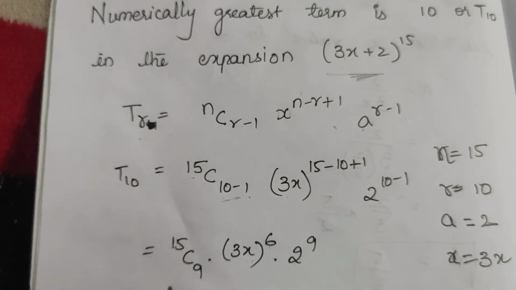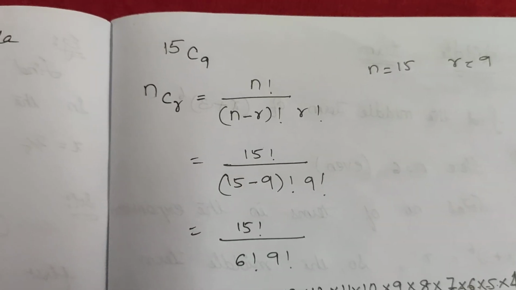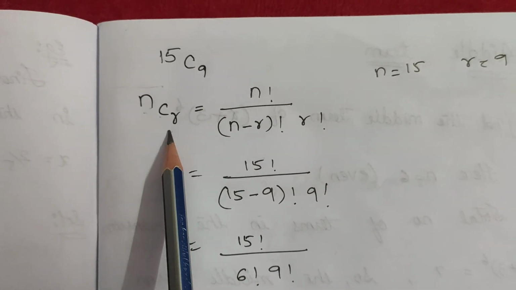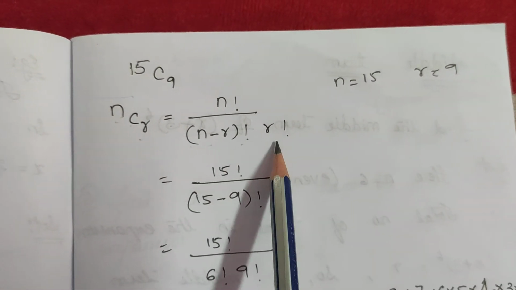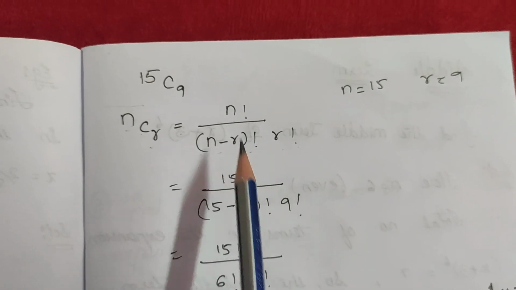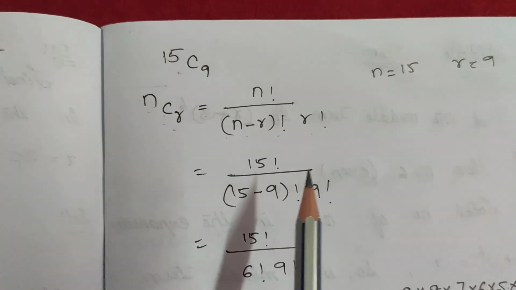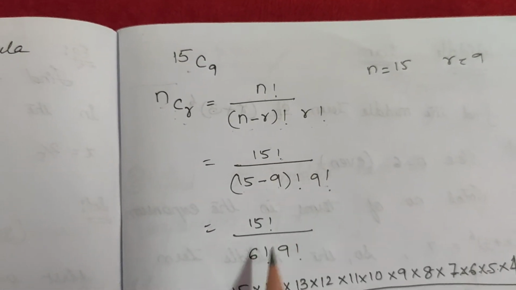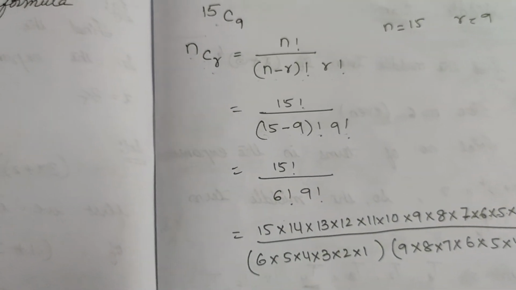Now let's find 15C9. We know the formula nCr is equal to n factorial upon (n minus r) factorial r factorial. n is nothing but 15 and r is 9. So 15 factorial upon (15 minus 9) factorial, 9 factorial. 15 factorial upon 6 factorial and 9 factorial.